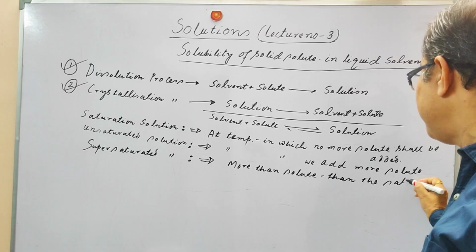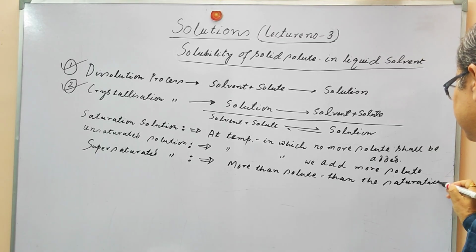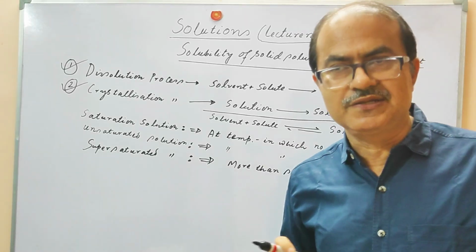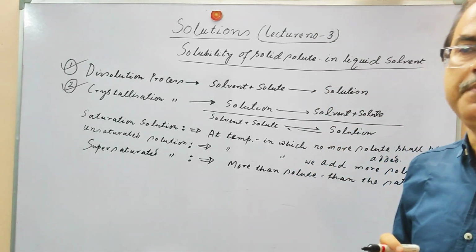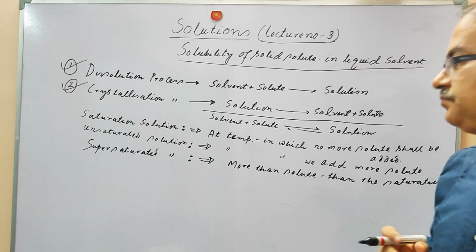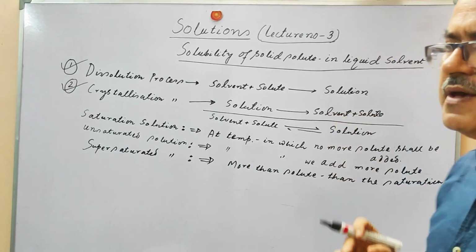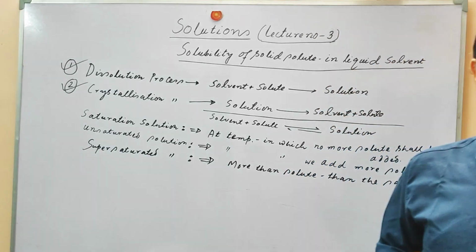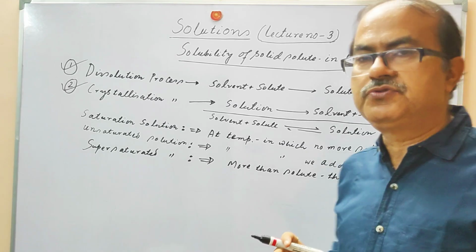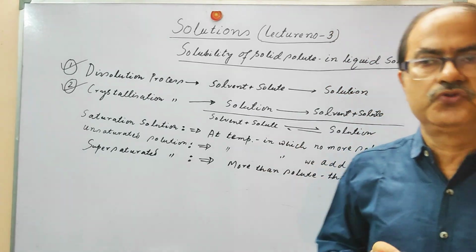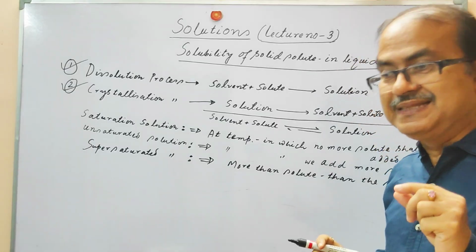Suppose the saturation point has 10 gram of sugar. In the supersaturated solution the amount depends on the temperature. The higher the temperature, the higher the amount. And this technique is applied when we are preparing sweets. Sweets are kept in the supersaturated solution of sugar, and we can observe a thick syrup has been prepared.